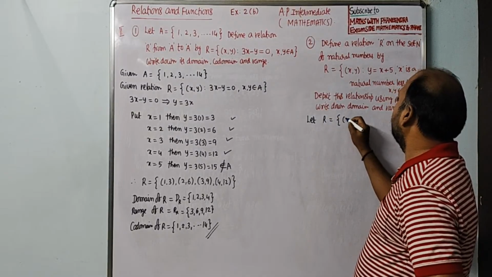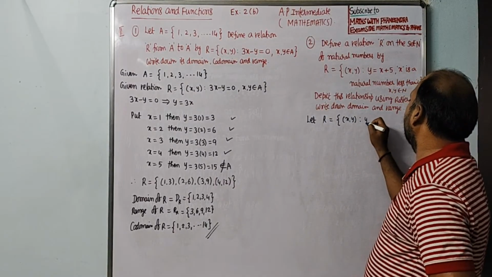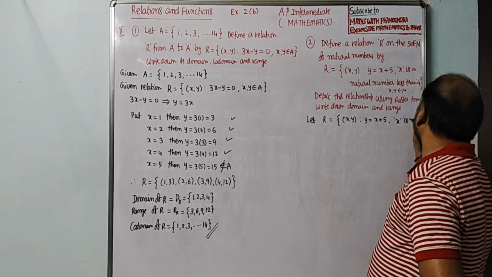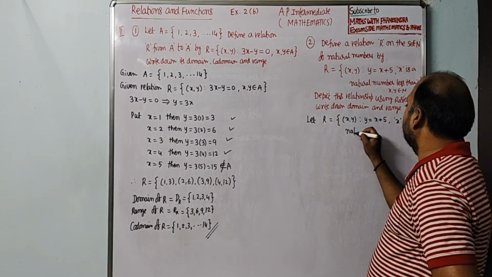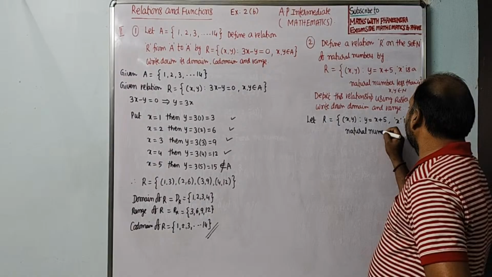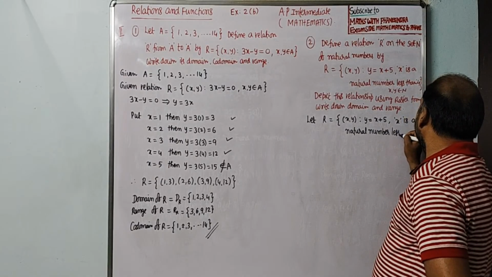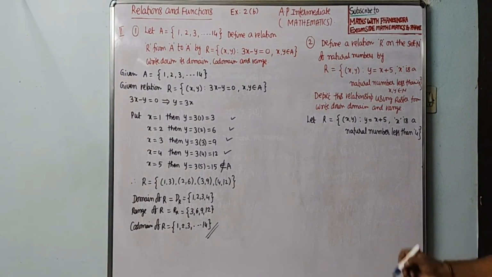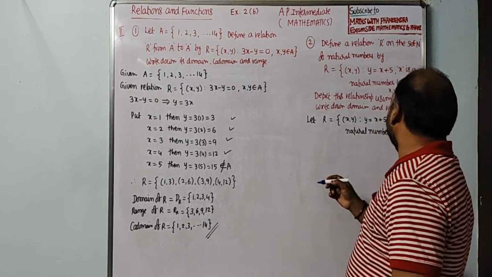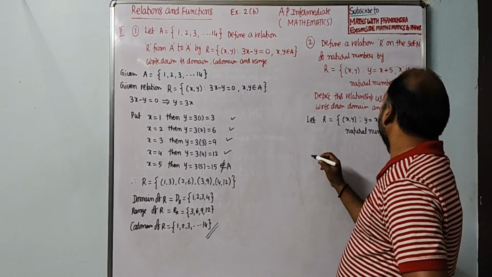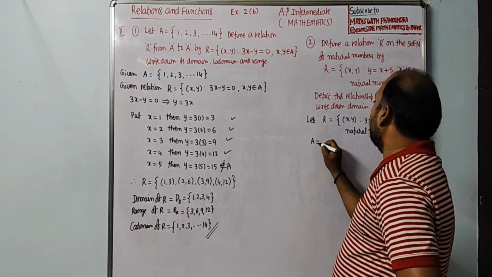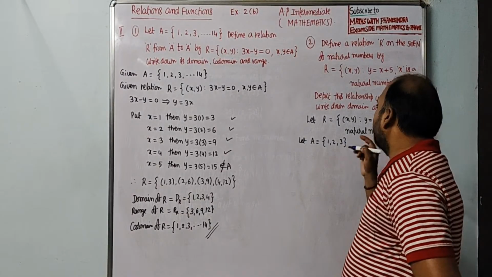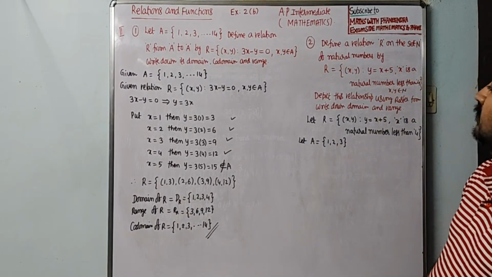R is equal to {(x, y) such that y is equal to x plus 5, x is a natural number less than 4}. So less than 4 we are getting, no? So what are the possibilities? Let A equal to, less than 4 means we have only 1, 2, 3. These are the possibilities of A.